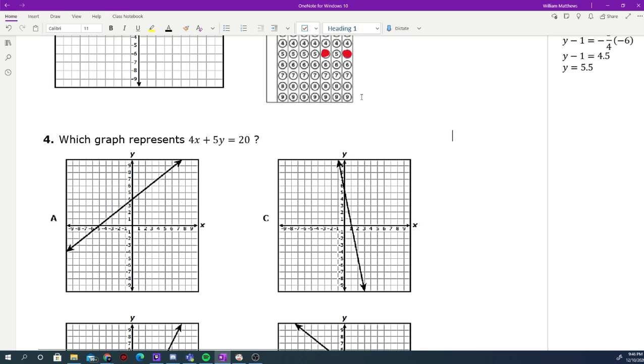If I'm looking for the x-intercept, that is when my y value is 0.